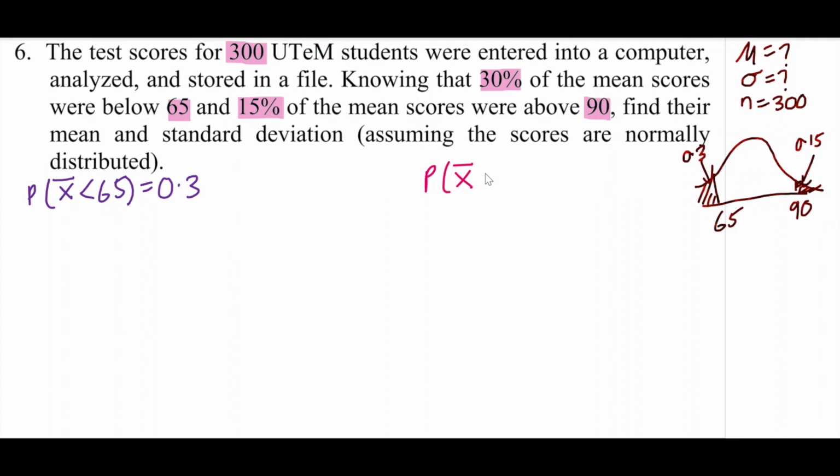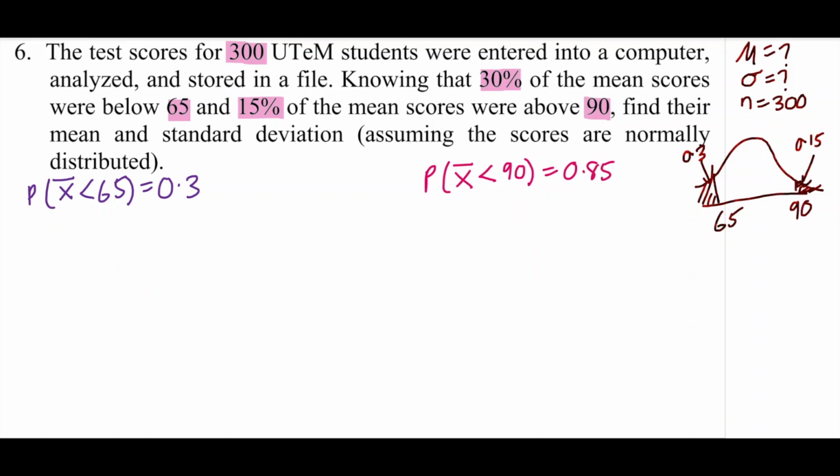Because we are supposed to find the values of mean and standard deviation, I am pretty sure you need to check up your statistical table. And so when you do check your statistical table, it always gives you the probability that Z is less than a value. So I would change greater than to less than. So less than 90 marks would be 0.85.